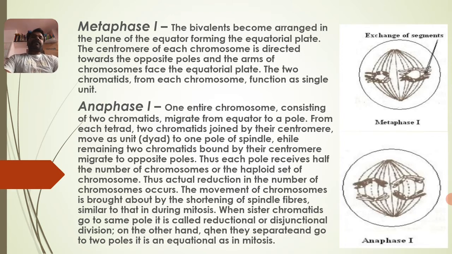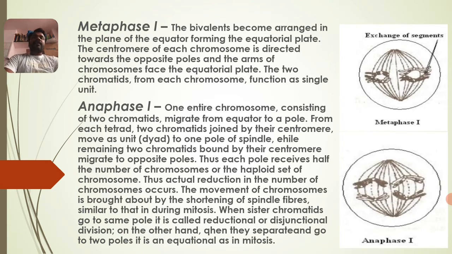Meiosis mainly takes place in the region where the reproductive organs of the organism are present, like the gonads. That meiosis mainly occurs by means of 2 nuclear cell divisions, hence it is classified into 2 types: meiosis 1 and meiosis 2.